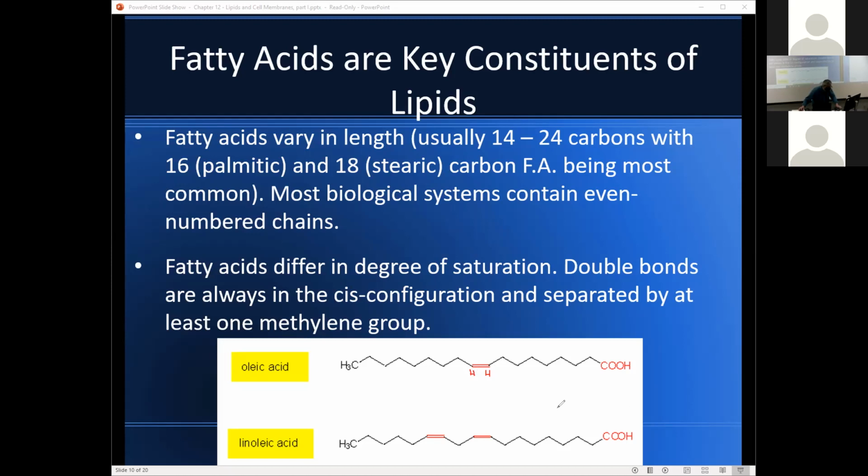Okay, this is the cis configuration. Cis configuration means on the same side. Cis is on the same side. Always in biological systems, we're always going to have the double bonds in the cis configuration.